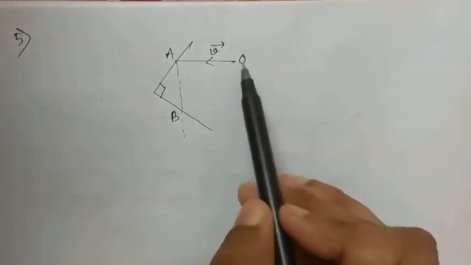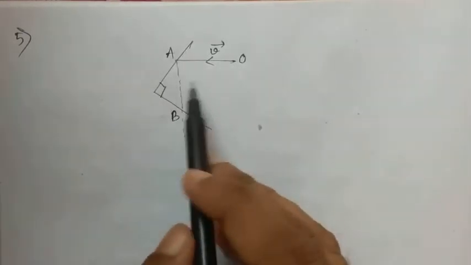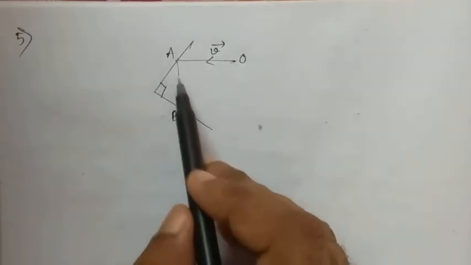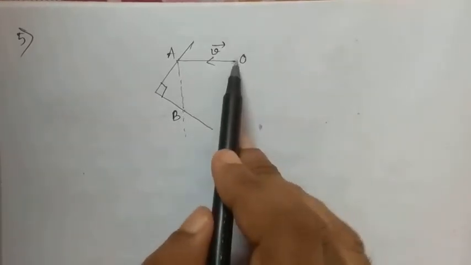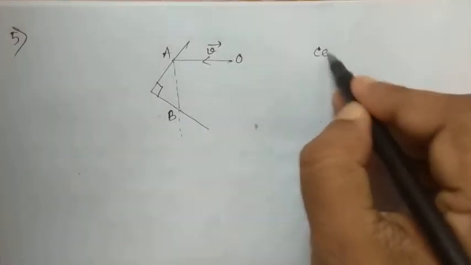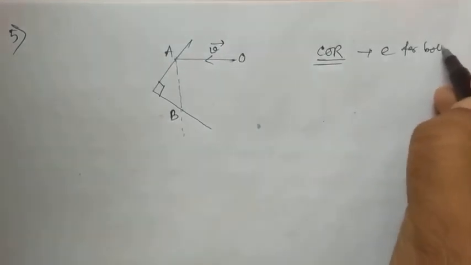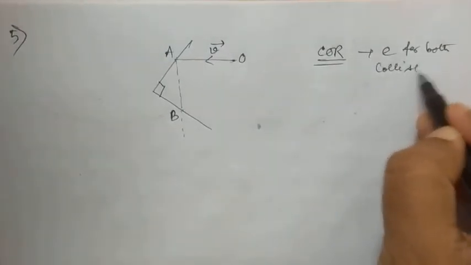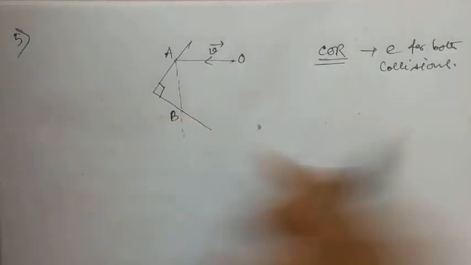A ball strikes the portion here at A, gets deflected and restrikes it at B. Now if the velocity vector before collision was V and the coefficient of restitution is e for both collisions, then the velocity of the ball after its second collision, that is what they have asked us to find.